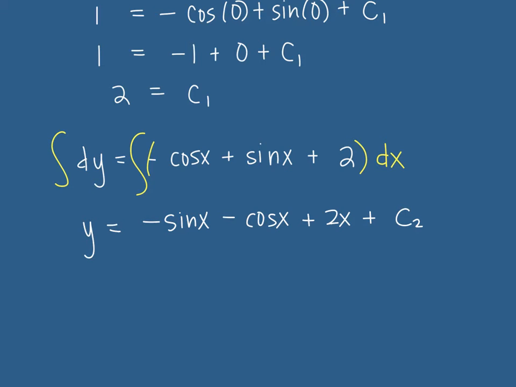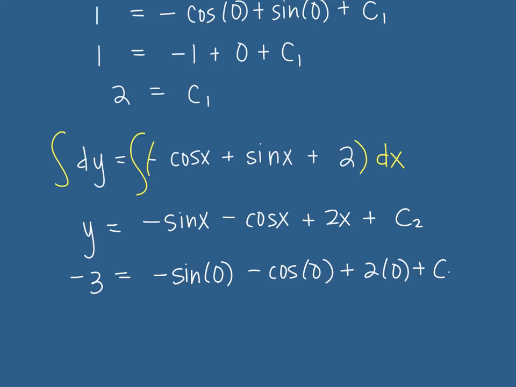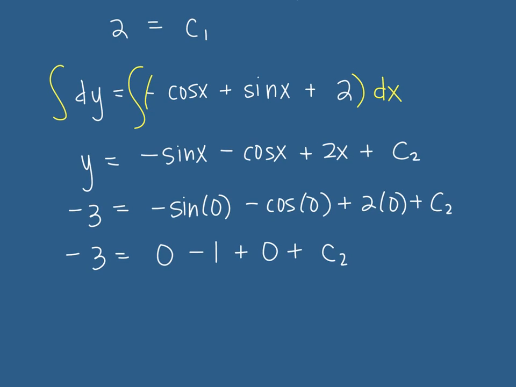And so at this point I'll use my second initial condition of 0, negative 3. So negative 3 for y, and 0 for all the x's. Plus 2 times 0 plus c2. So the negative sine of 0 is 0, minus the cosine of 0, which is 1, plus 0 plus my second c.